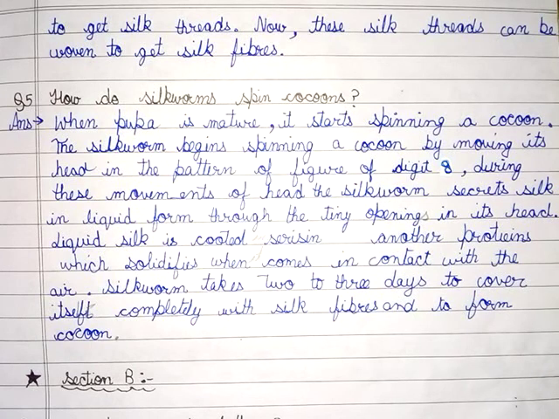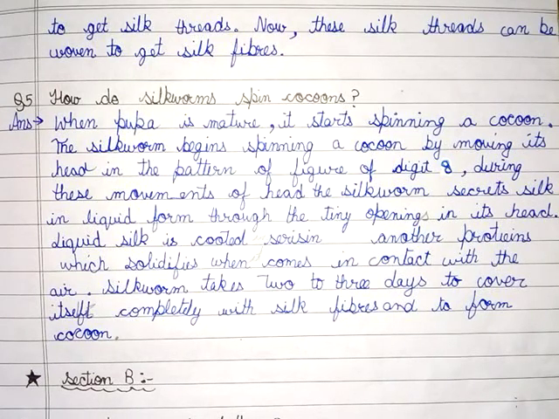Question number 5. How do silkworms spin cocoons? Answer. When pupa is mature, it starts spinning a cocoon. The silkworm begins spinning a cocoon by moving its head in the pattern of figure of digit 8. During these movements of head, the silkworm secretes silk in liquid form through the tiny openings in its head.